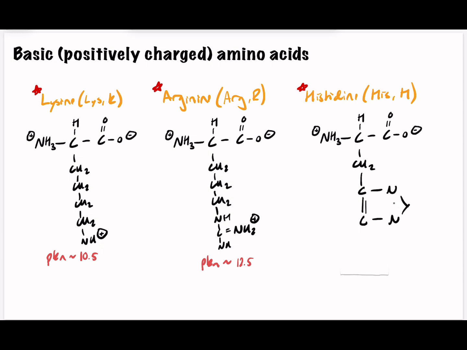So it's sort of identical up to here, except for the fact that this nitrogen up top is going to have an H bound to it, and this nitrogen in the bottom is going to have an N plus and an H. So this hydrogen down here is the one that can either be protonated or deprotonated. And then you're also going to have a double bond here. So just like that, that's histidine.